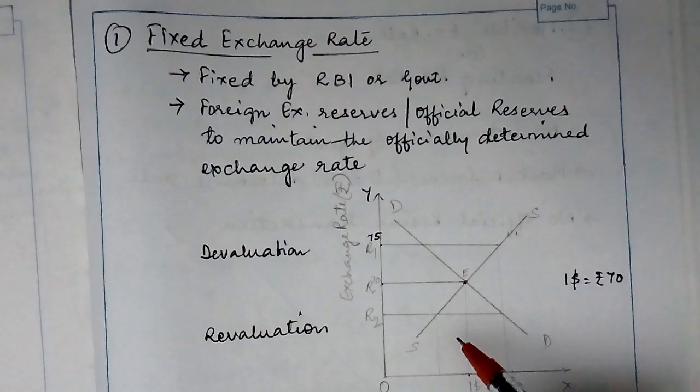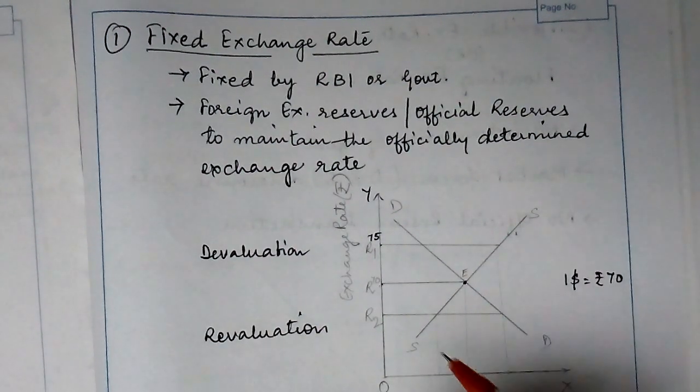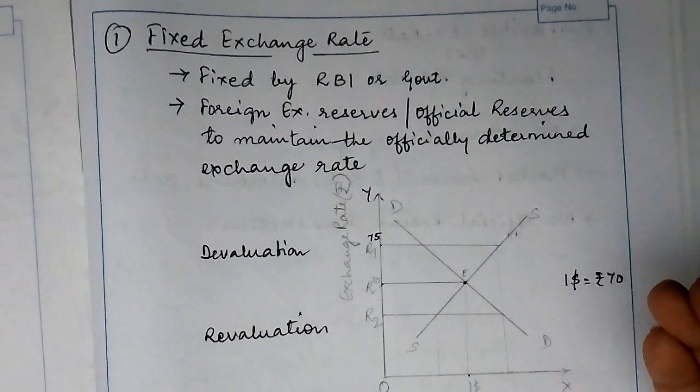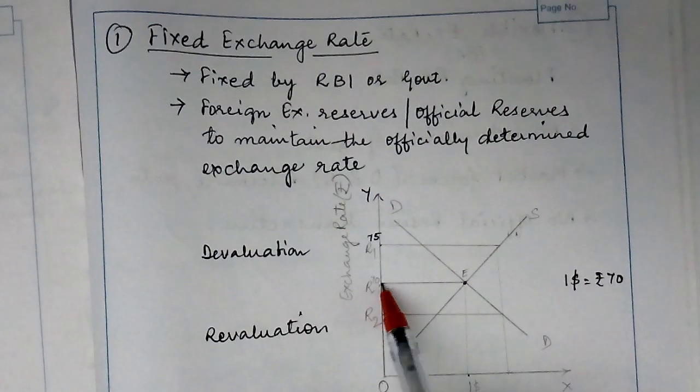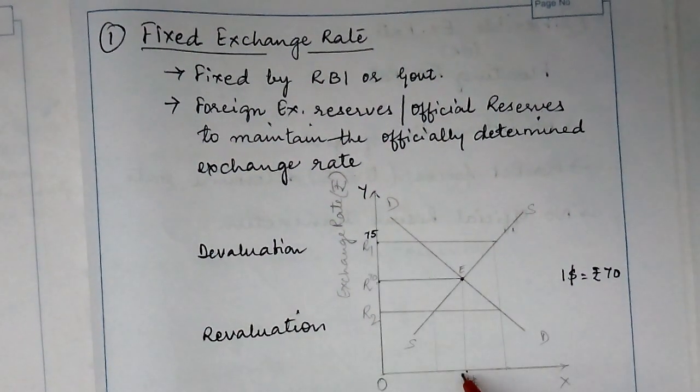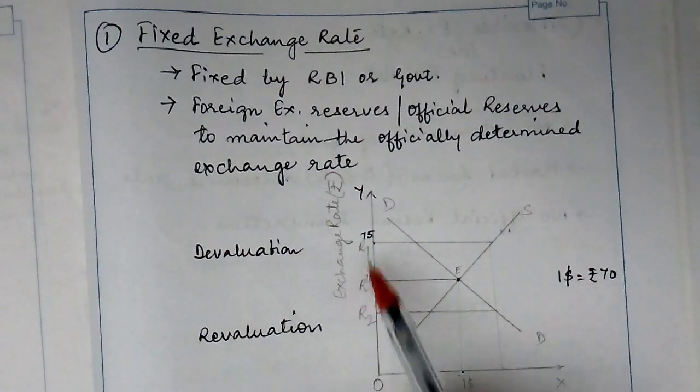The devaluation of domestic currency is the reduction in the value of domestic currency with respect to a given foreign currency. Earlier we used to pay only 70 rupees. Now we pay 75 rupees for $1. So that is devaluation.